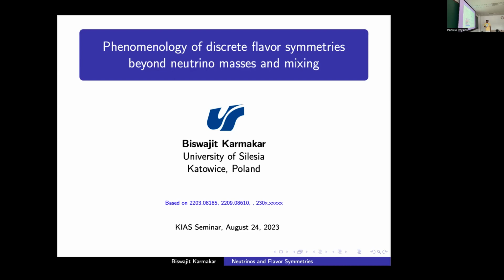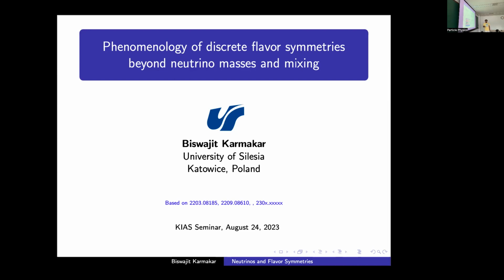Experimentally, we already know the solar mass square difference, which is positive, but we still do not know the sign of the atmospheric mass square difference. This gives two different possibilities. In one case, the third mass eigenstate is considered to be the heaviest. That is called normal ordering. In the other case, the third mass eigenstate can be the lightest, which leads to the inverted ordering. So this ordering is also unknown.